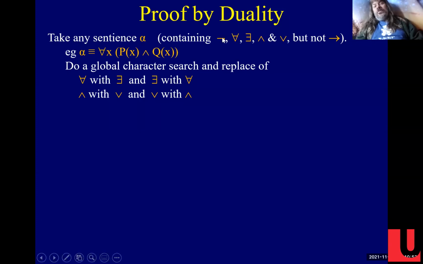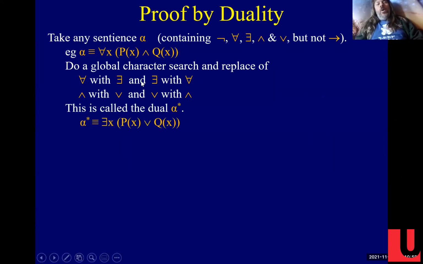In these sentences, they only contain these kinds of things, right? All right, so we're going to call what you get out of this the dual sentence, right? And for the dual, I'm going to just put a little star up there. I think that's a common notation.